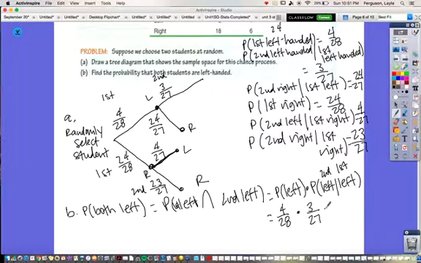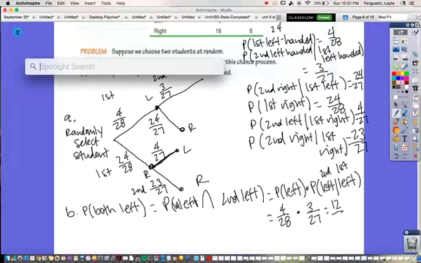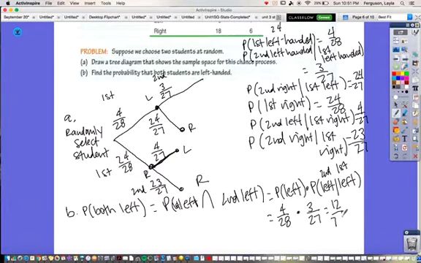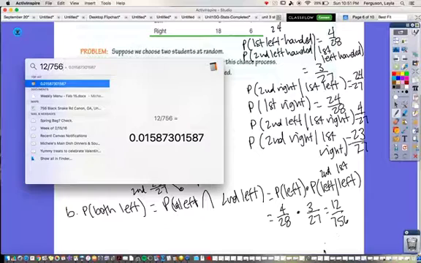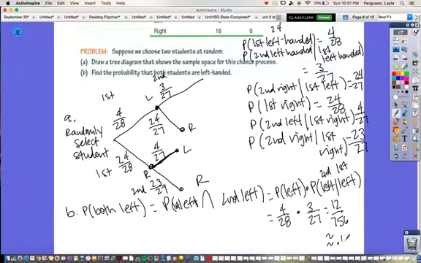And so whenever I do that, I would get 12 out of 28 times 27, 756. And so 12 out of 756 would give me essentially 0.016.